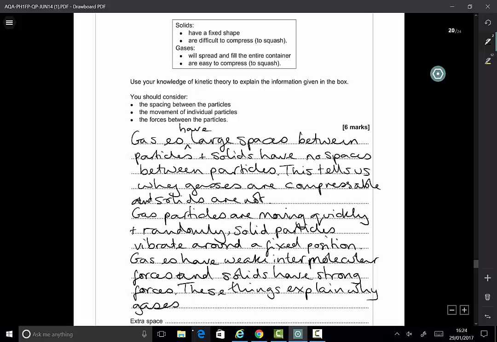If you're not sure about the spelling of something, look in the question. Okay, that's what I just did. I went, wait a minute, am I supposed to have two S's in gases? No, I'm not. So, explain why gases spread, but solids have a fixed shape.